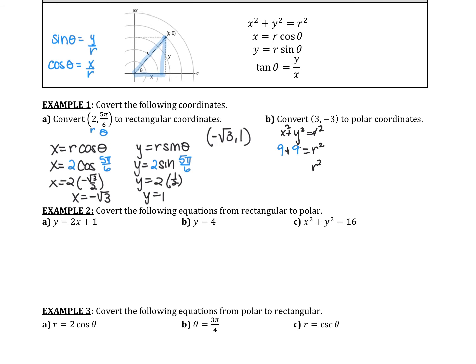And so we get r squared equals 18, which means r equals plus or minus square root of 18. Let's simplify that just a little bit. Plus or minus, that would be 3 root 2. Okay, then we've got the tangent of theta, and it needs to equal my y over my x, so negative 3 divided by 3. So I get the tangent of theta equals negative 1.